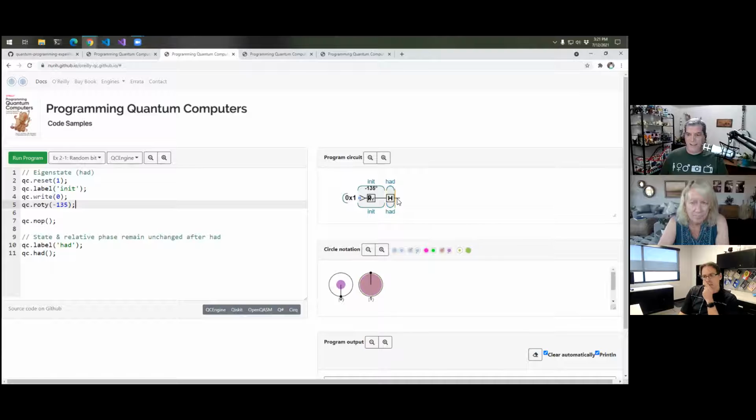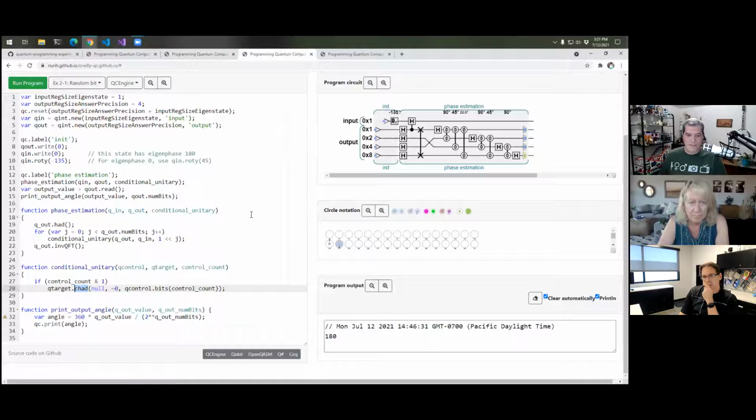And then again, if we apply the had, we have a 180-degree global phase. And that's actually the number we're trying to get from this phase estimation operation. There's a lot of terminology.